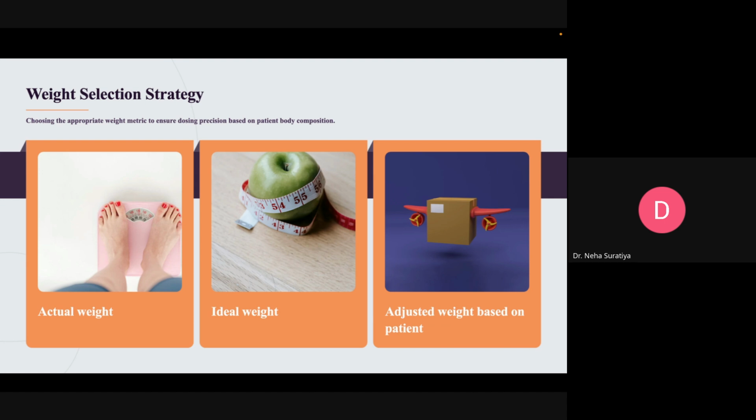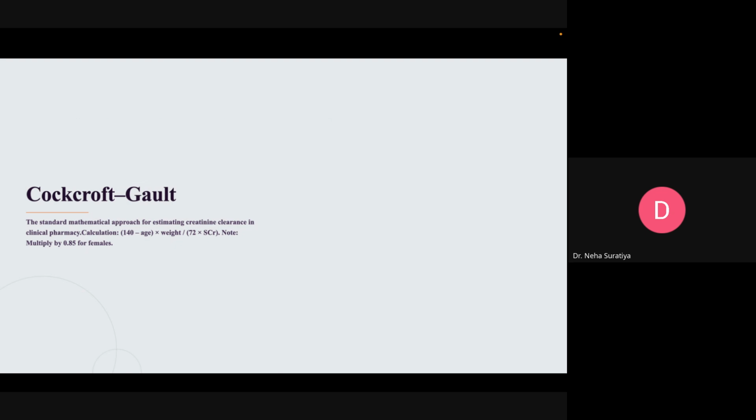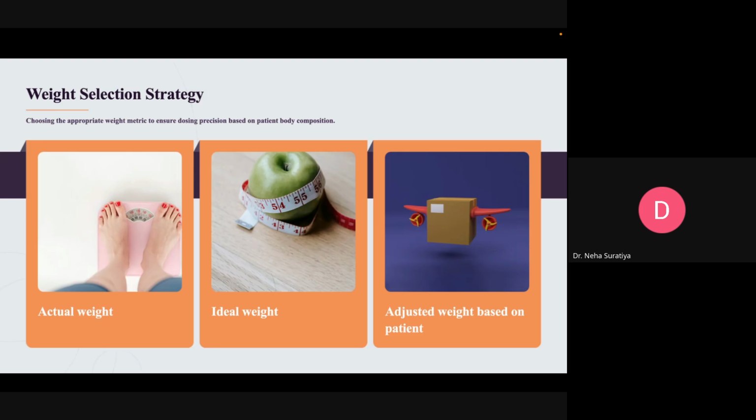Now we are diving deep into this formula. 140 is constant, and age is also constant. Age you cannot change, but with weight there is a higher chance of error. That's the reason behind this slide in between.